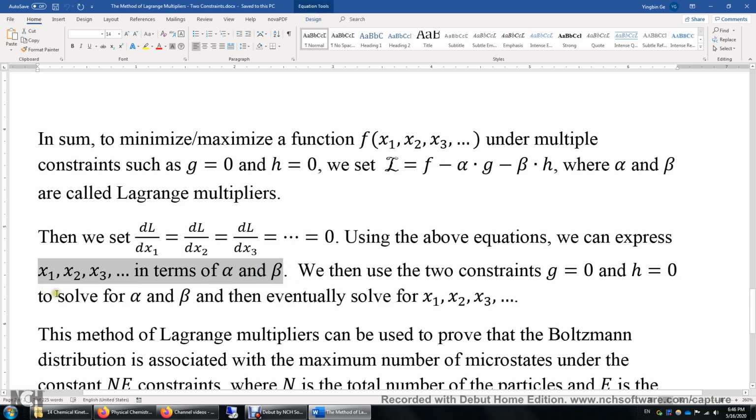We get the values of x1, x2, x3, etc. to minimize this L. And if we can minimize L, that means we minimize this f with these two constraints, g equals 0 and h equals 0. Again, this is because L equals f regardless of the values of alpha and beta. And we did this to ensure that L is either minimized or maximized.